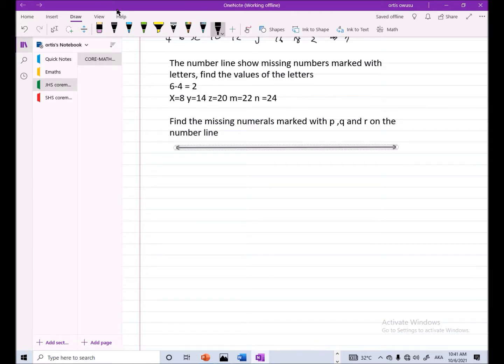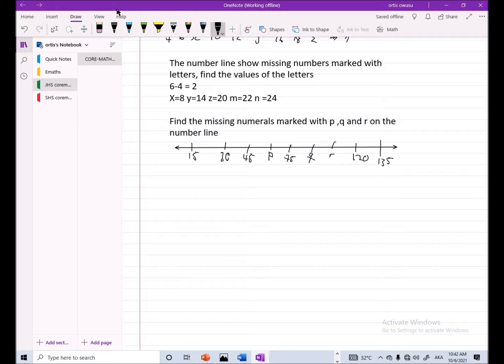So we have here 15, we have 30, we have 45, we have P, we have 75, we have Q, we have R, and then we have 120, and then we have 135.